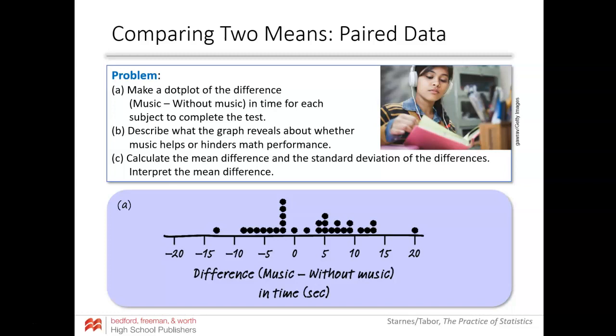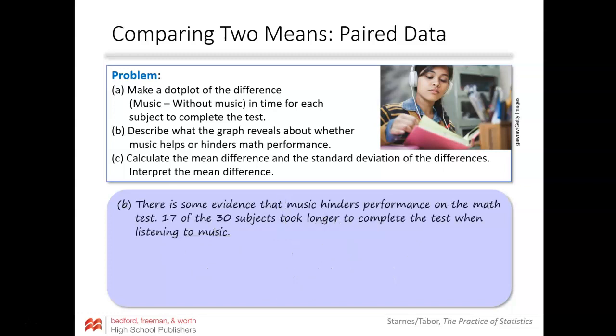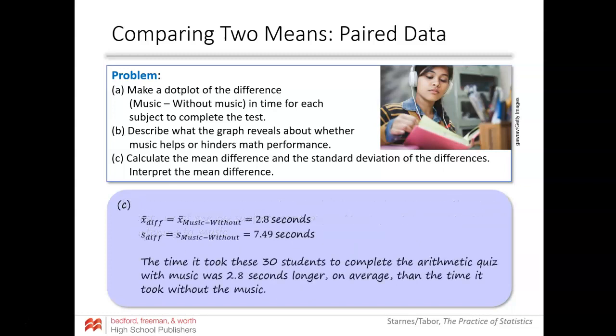Calculate the mean difference and the standard deviation. Well, that wouldn't be too hard to do in my calculator. I could enter all that data into list one and then do some one variable stats with it, because you know I'm not doing that by hand. So the mean of the differences of the samples was 2.8 seconds when subtracted in that order. And then the standard deviation was 7.49 seconds.